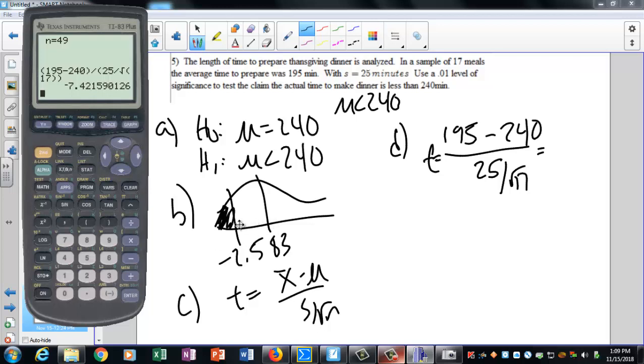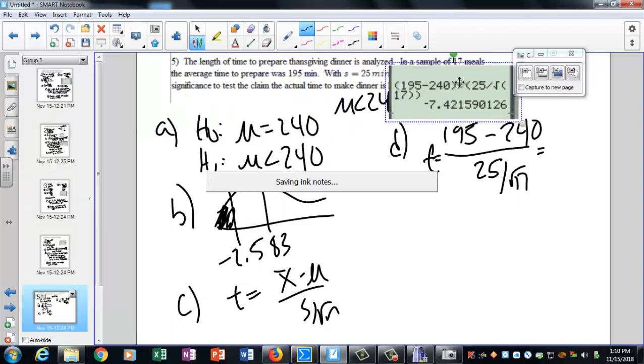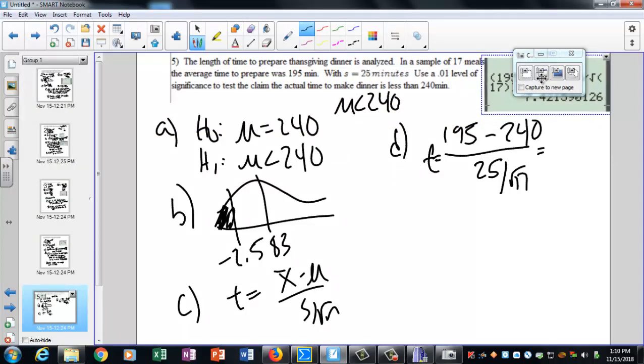Like negative 2.6, you'd be like, let's do it again. Negative 7, it's like the Florida recount. That's so far off, you're like, well, screw it, it's over. All right, well, negative 7.42. So it's equal to negative 7.42.